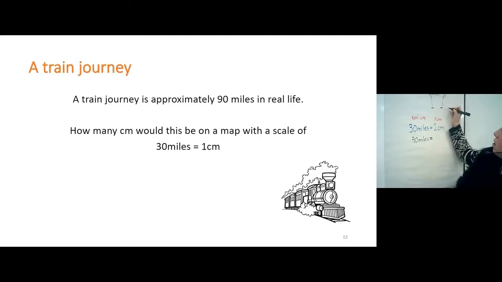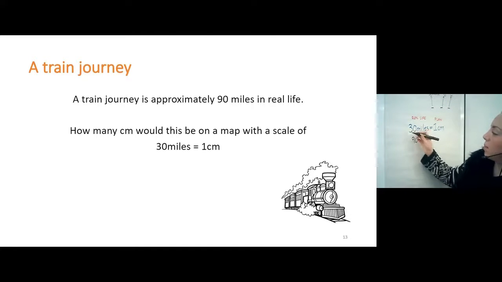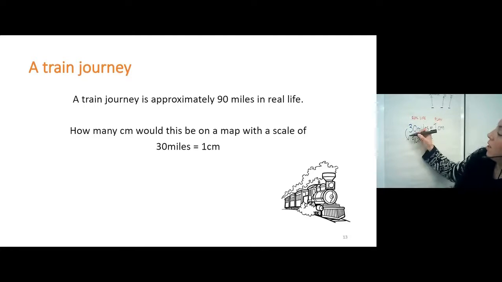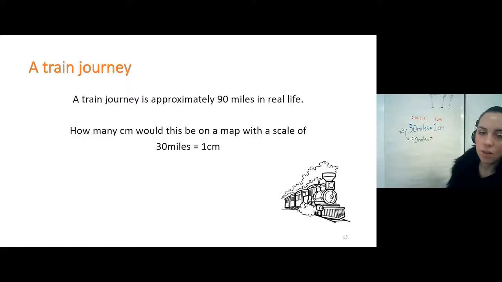That's another 30. That's another 30. So if we've gone from 30 miles to 90 miles, using the arrow method, we're looking at increasing it by 3 times. So 30 up to 90 is an increase of 3 times as much.